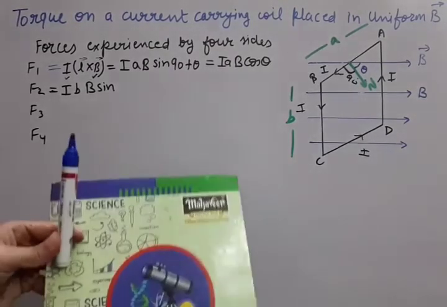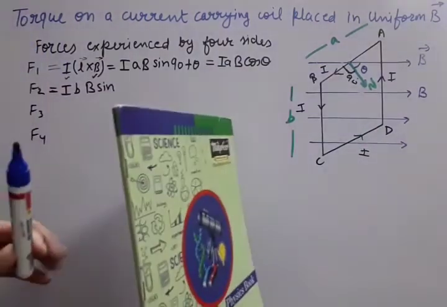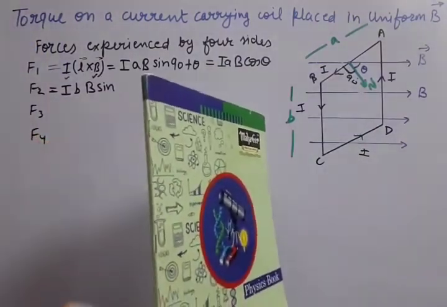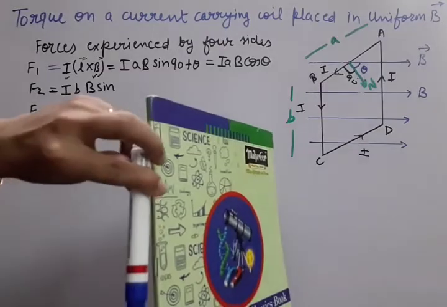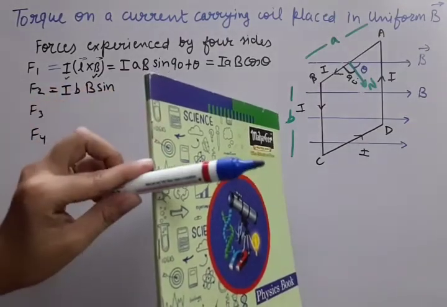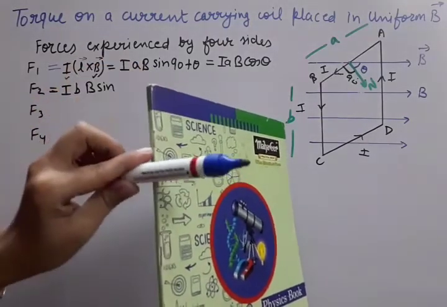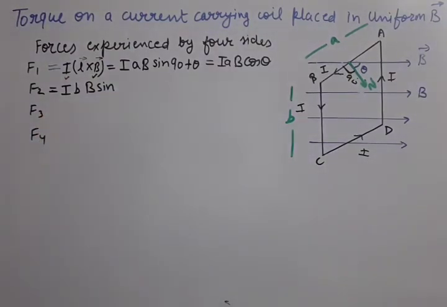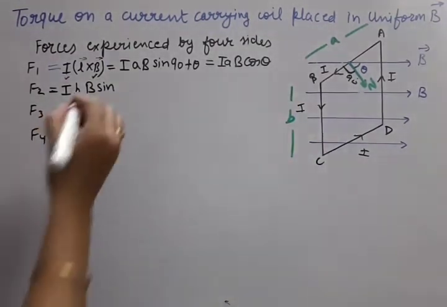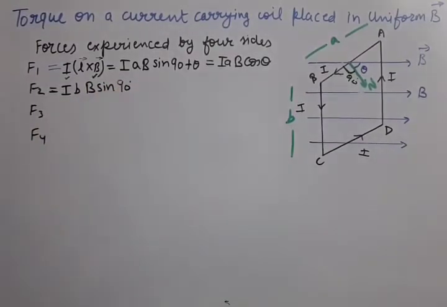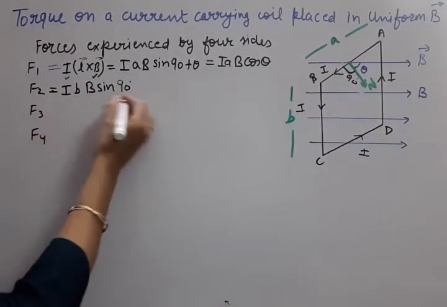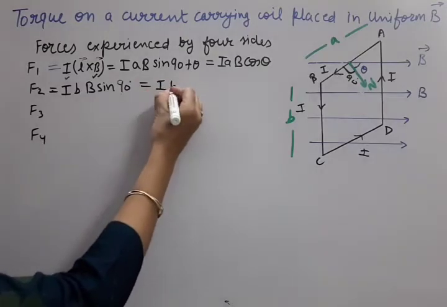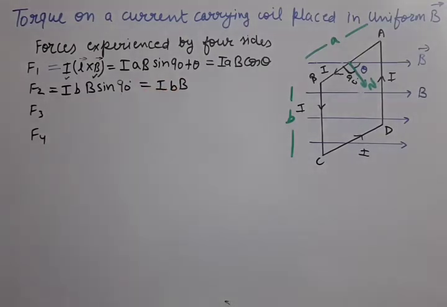You can see in this, even if the coil is tilted, the current will still flow downward. So current is downward and magnetic field is horizontal, so the angle is 90 degrees. So in this second side, the angle theta is directly 90 degrees. Sin 90 becomes 1. So the final answer of F2 will become IBB.